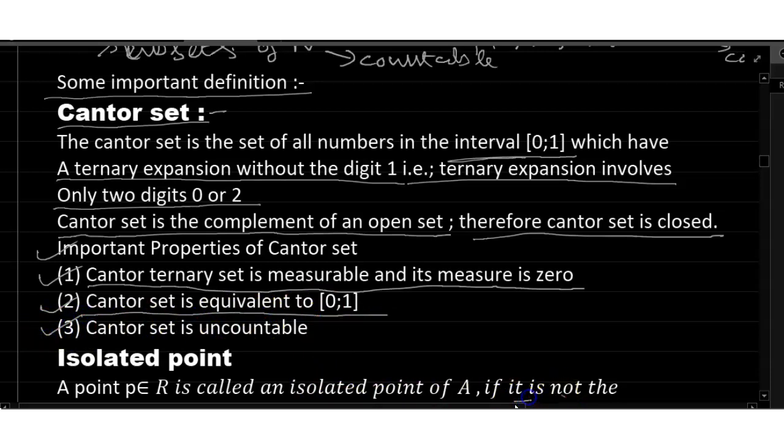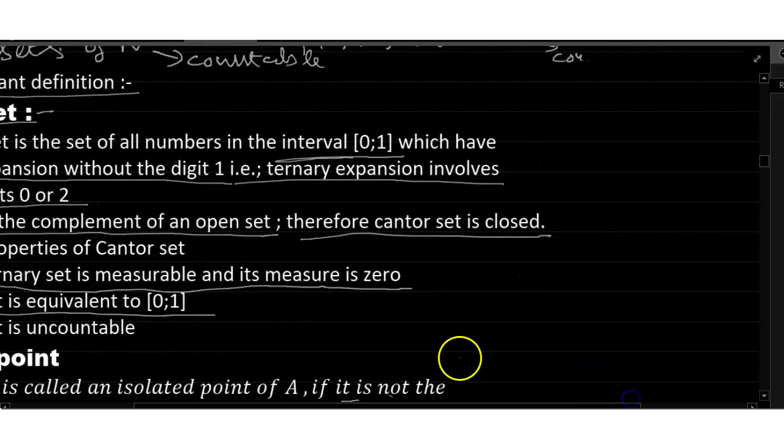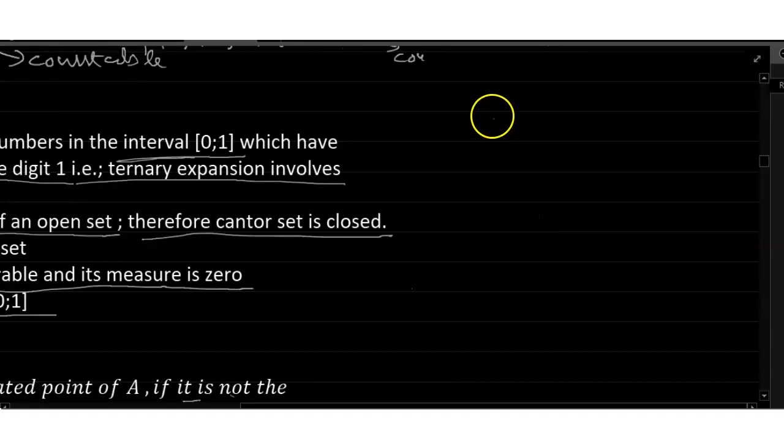Now friends, we have to discuss very briefly how its measure is computed. We are talking about the Cantor set. This is the real line, and this line is 0 to 1.